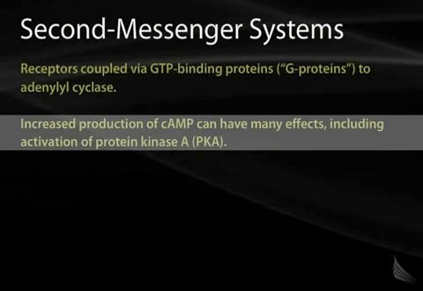It's also important to remember that cyclic AMP is able to have downstream effects, including activation of certain kinases and other downstream effects. This is what's referred to as second messenger systems.